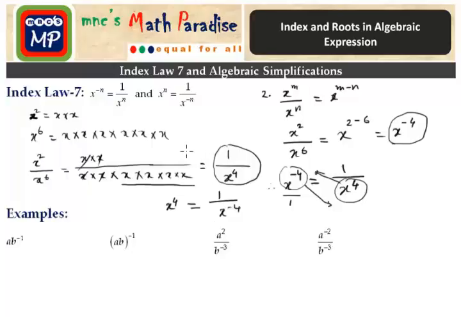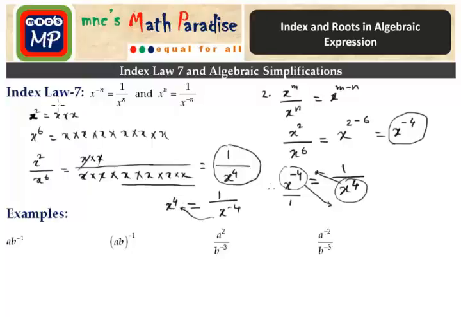That means index law 7 is saying that if we have x to the power minus anything, we can take it as the denominator, 1 upon, and we can make that negative power positive. Or if we have 1 divided by something with a negative power, we can take it at the numerator and it becomes positive power.